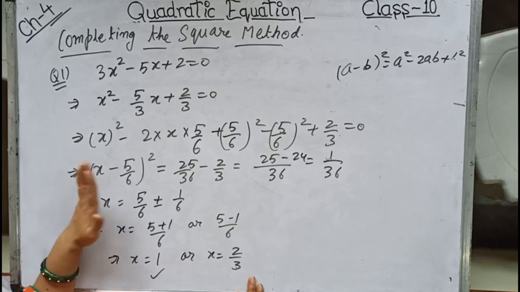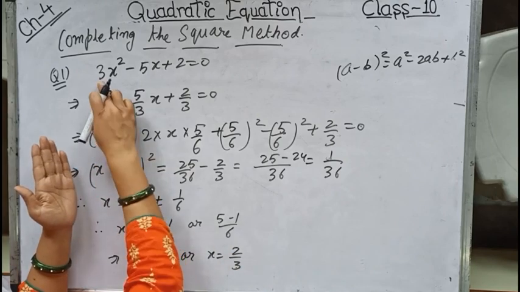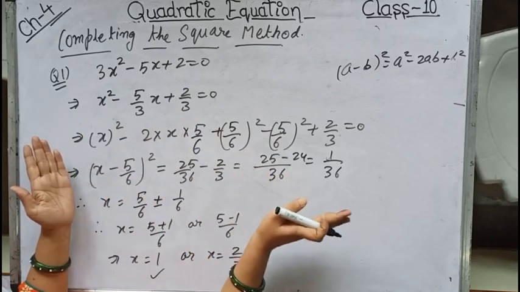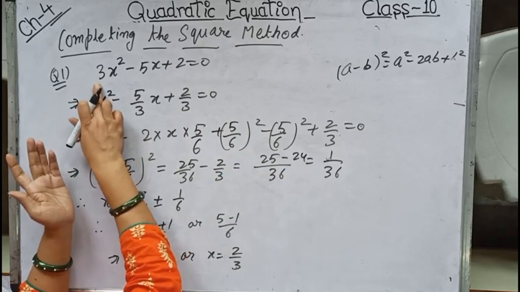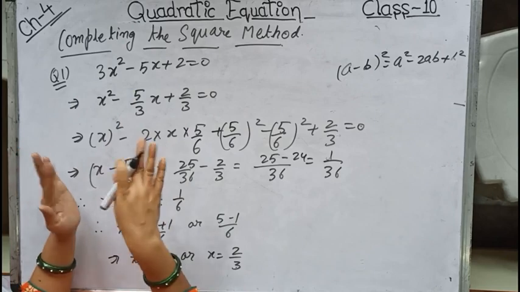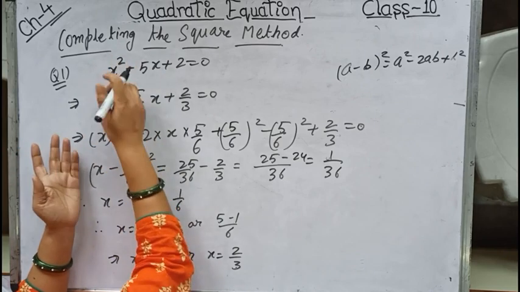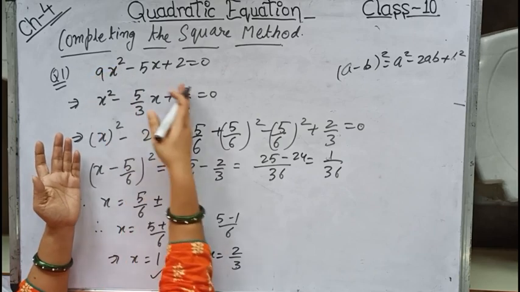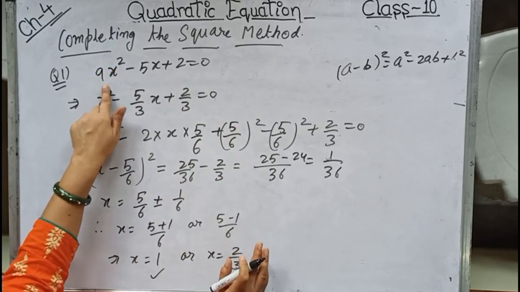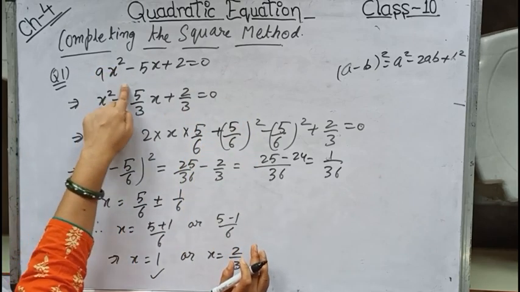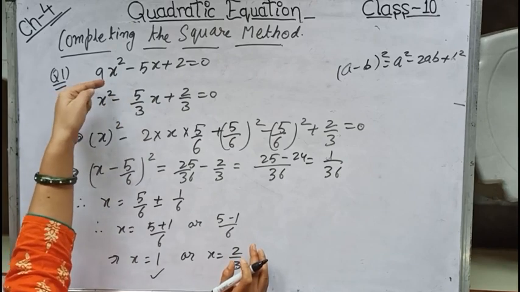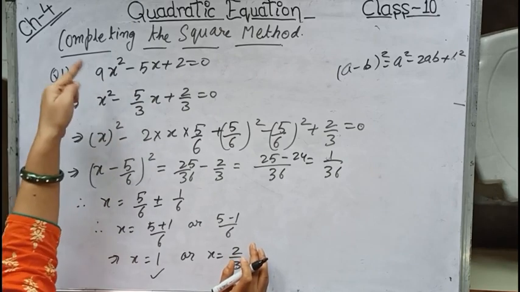So children, whether you do by this method, that is dividing all terms by the coefficient of x square, or by multiplying all terms by the coefficient of x square. Now suppose in the same question, I change the question as 9x square minus 5x plus 2. Now in this case we should not divide or multiply by the coefficient of x square, because this is already a complete square.